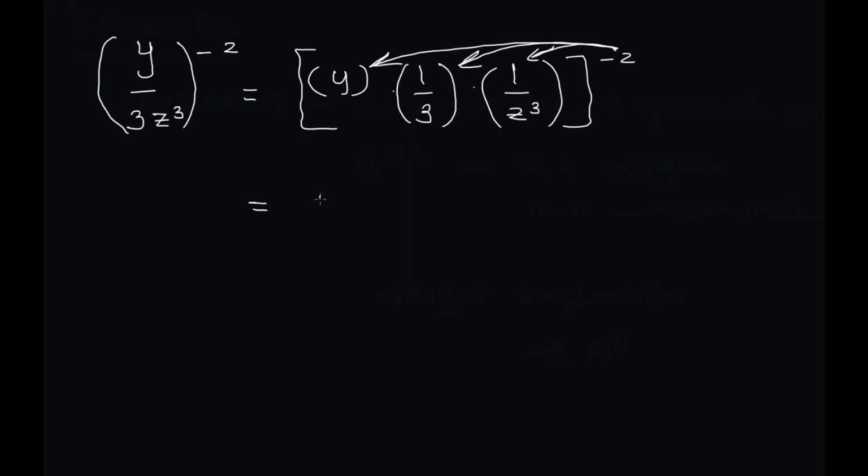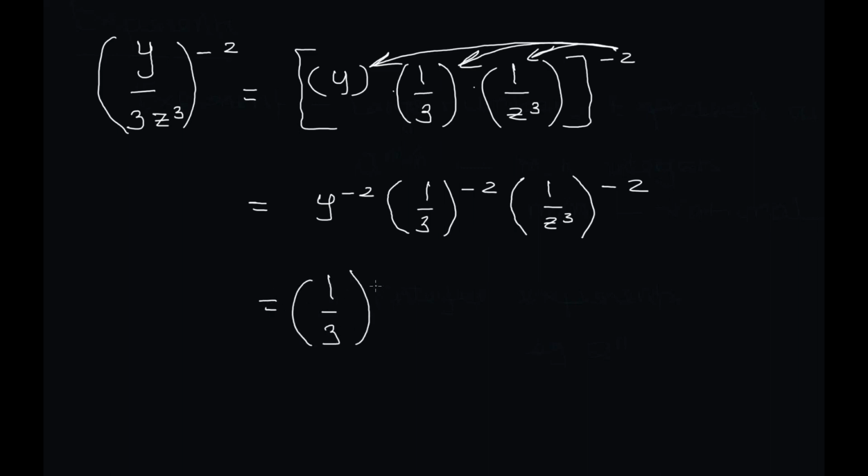So we have y power minus 2, 1 over 3 power minus 2. Then we have 1 over z power 3, power minus 2. There we have 1 over 3; I've flipped them, I've exchanged them. That one becomes 1 over y squared. Then the next one becomes 1 over z power minus 6. Now we can simplify these. That one becomes 9, that one becomes z power 6, and the other one becomes y squared. Okay, so that's it.